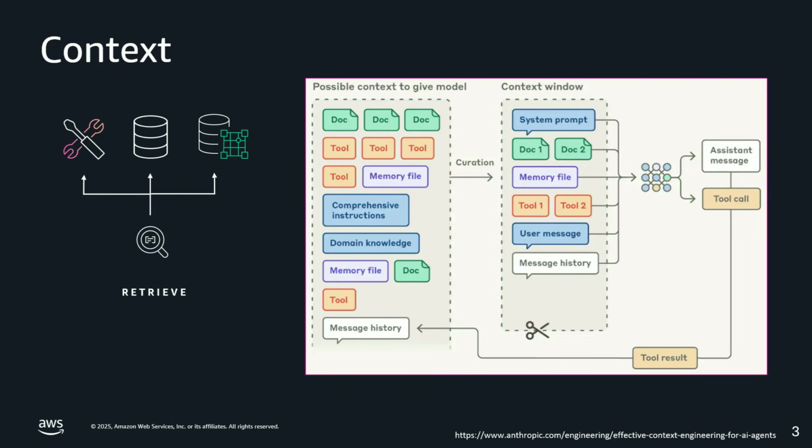Then it also includes curating our tools, so figuring out which tools are relevant for this current query or use case, and making sure that whatever information we have provided in those tools is very accurate for the agent to know when to use it. And then we have the memory component, where we are providing more information about the user to make it more personalized, to make the experience for the user much better. All of this combined is what defines the context.